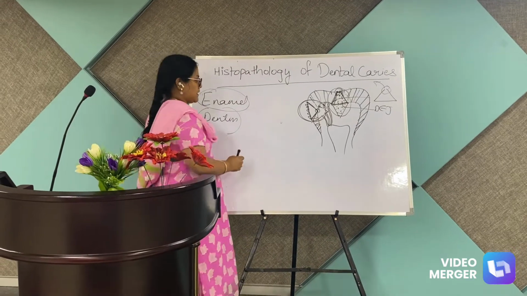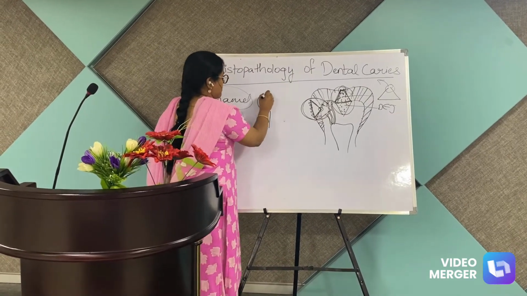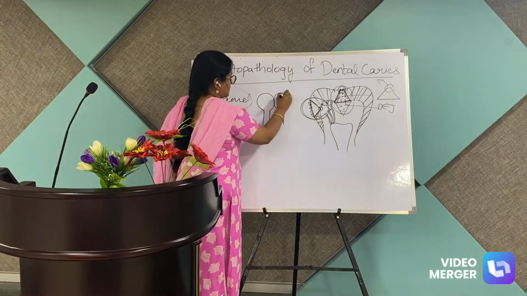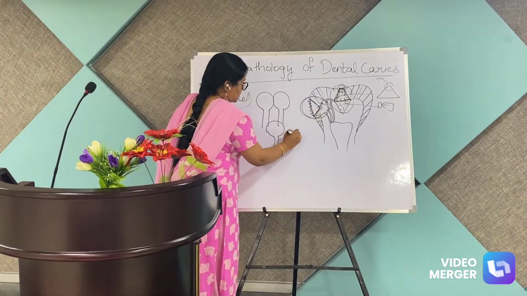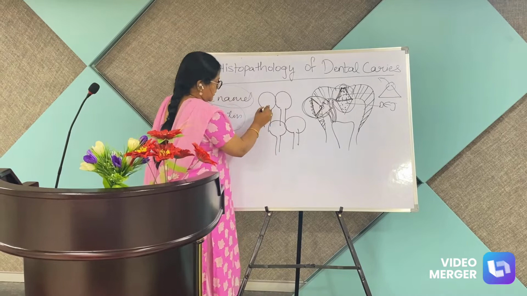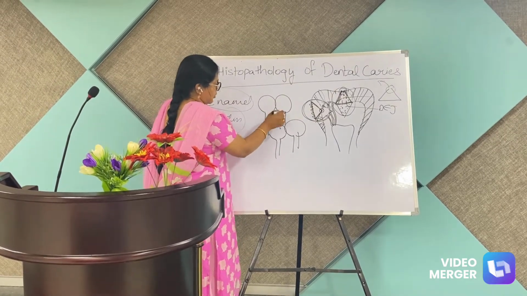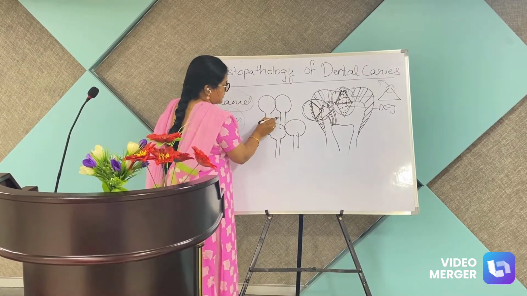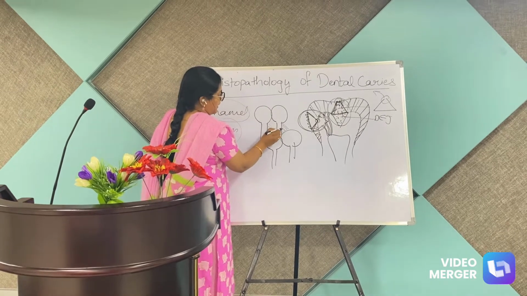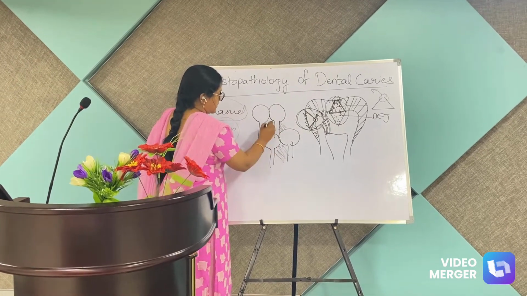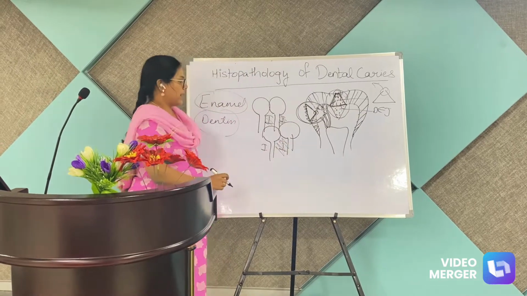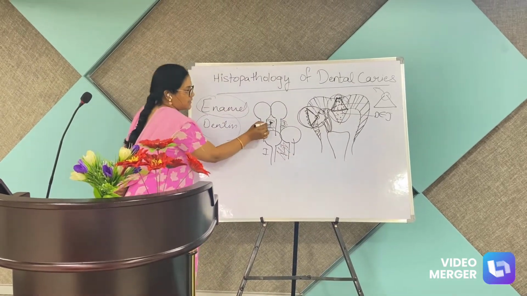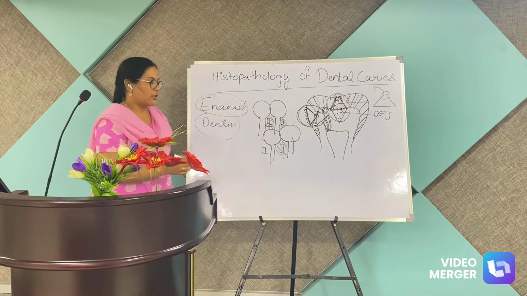Now enamel is basically comprised of enamel rods or prisms. So basically these are enamel rods and you have the inter-rod or interprismatic material. In the early carious lesions, this interprismatic material will be lost.